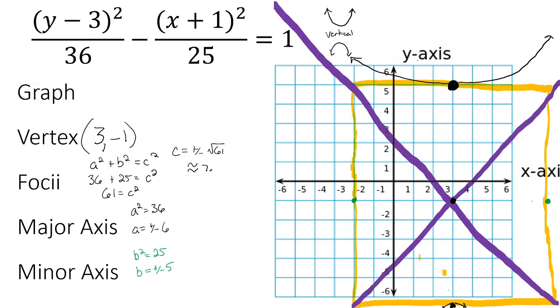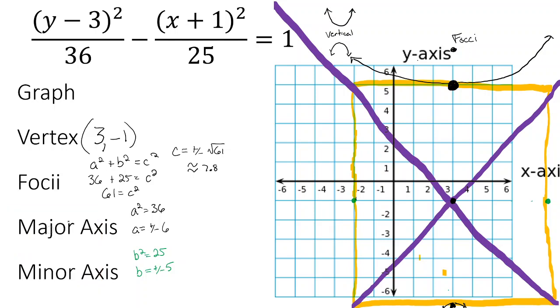So from my center, I'm going to go up 1, 3, 4, 5, 6, 7.8. That's where one of my foci is. The other one is going to be 7.8 down, but it ends up off the screen. So I started here at the vertex and went up 1, 2, 3, 4, 5, 6, 7, almost 8, and that's how I found my foci.